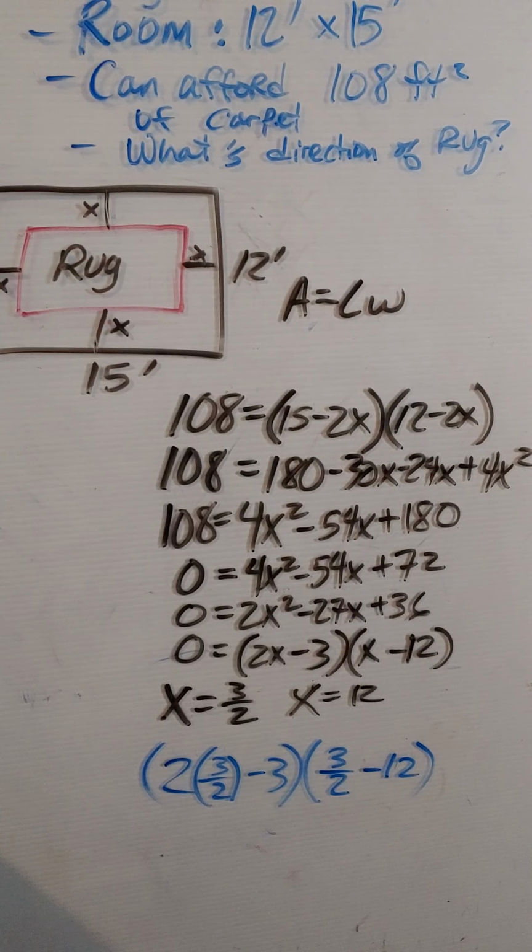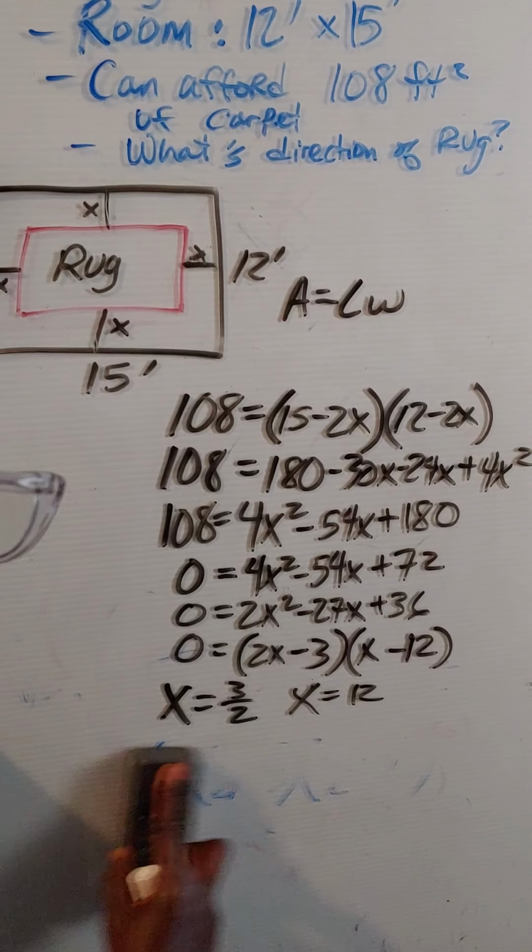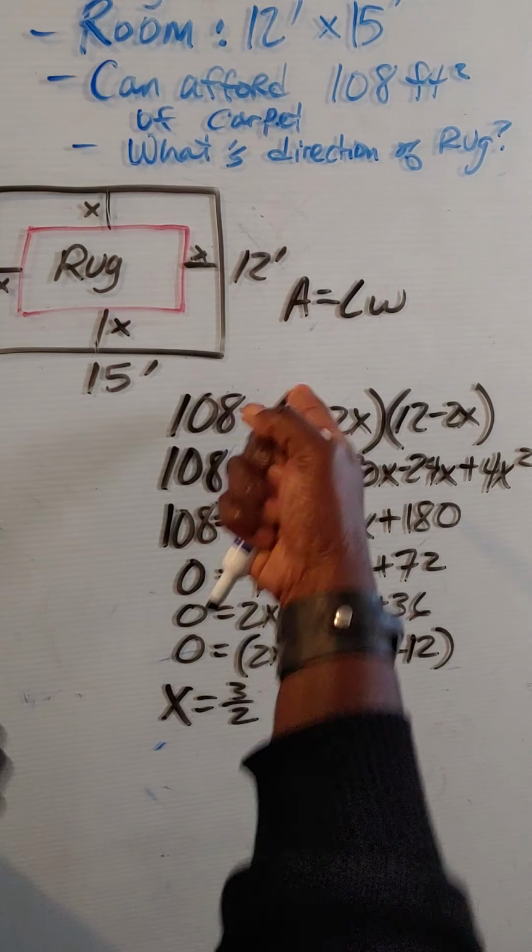I have 3 minus 3. That's not going to work. What did I do? It would appear that I left something out. Let's see, what did I leave out? Oh, haha. I need to use the original.